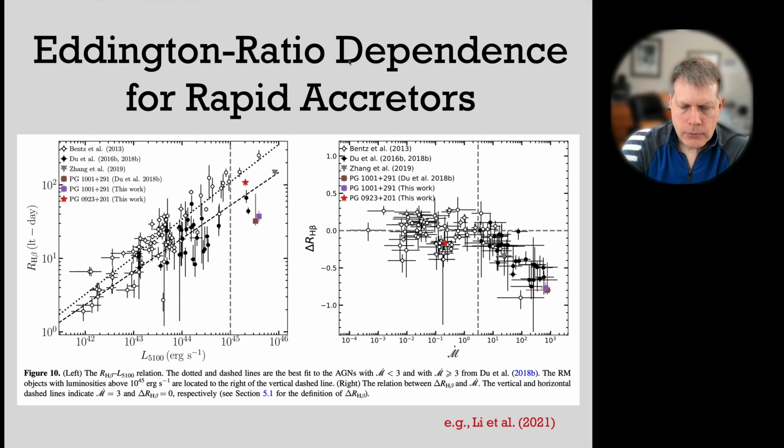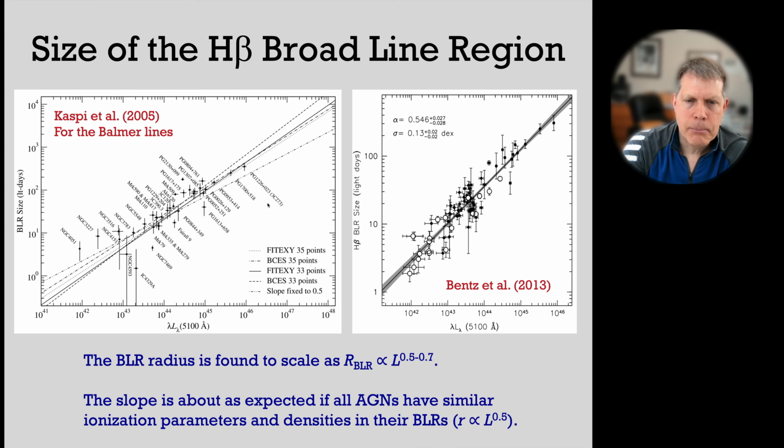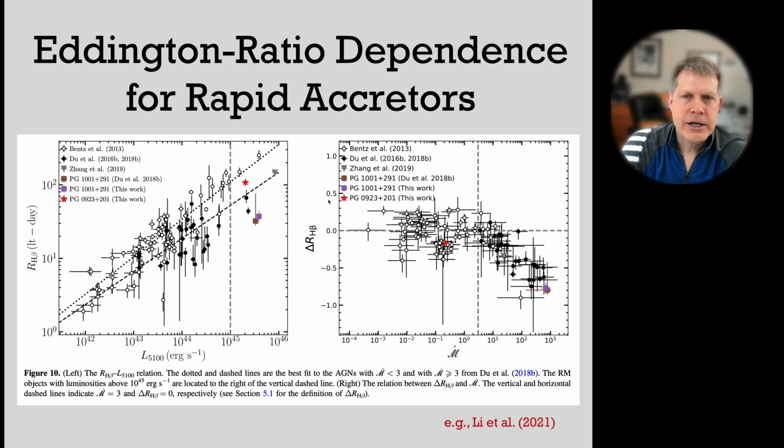Furthermore, another very interesting result is that the dependence upon luminosity is likely not the only dependence here. It's not as simple as that. There are other factors that come into play in setting the size of the broad line region as well. That has been shown, for example, by this group of people attempting to reverberation map these super-Eddington accreting sources that I've alluded to.